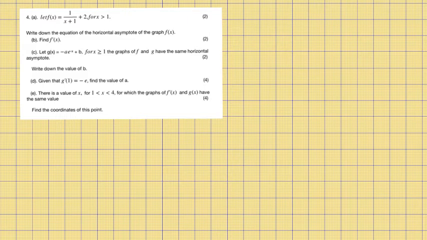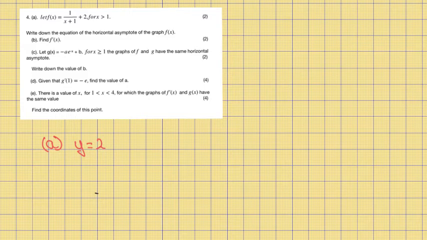You should all know that any graph of the form 1 over x has a horizontal asymptote at y equals 0. Therefore, because we've added 2, we've gone up 2 spaces, so the horizontal asymptote must be at the point y equals 2. And it does ask for an equation, so you must write down y equals 2.